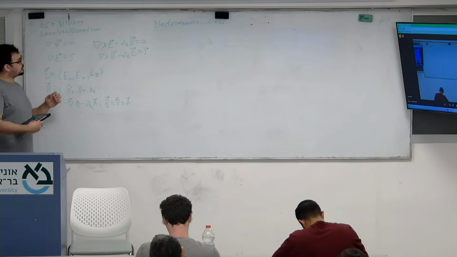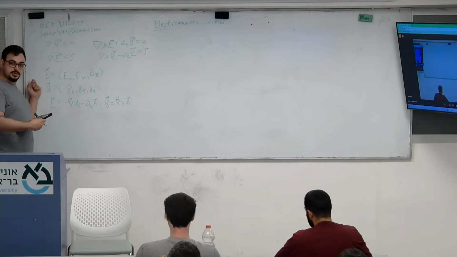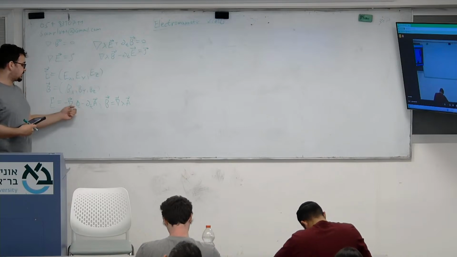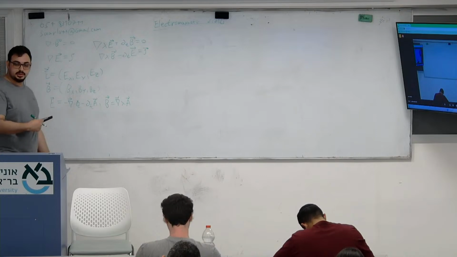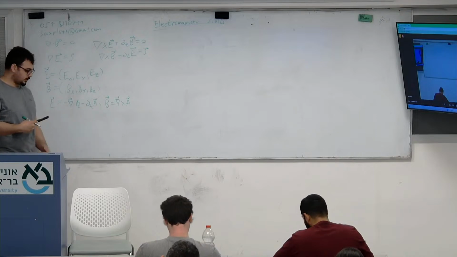So we can reduce from 6 degrees of freedom down to 4 degrees of freedom, the scalar field and the three directions of the vector potential field.